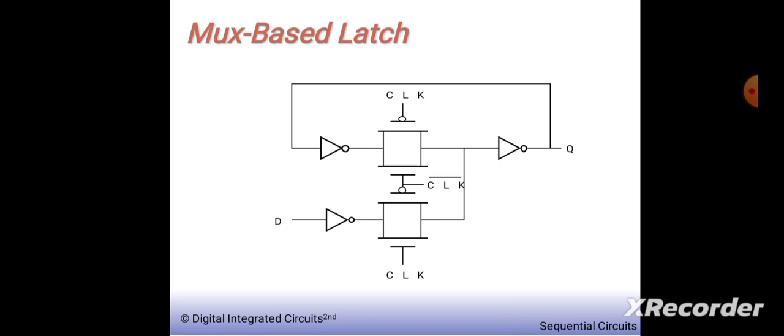When clock becomes 1, it will be passed towards the Q. So this is the mux based latch. Here also the present output can be controlled by the previous output as well as the clock.